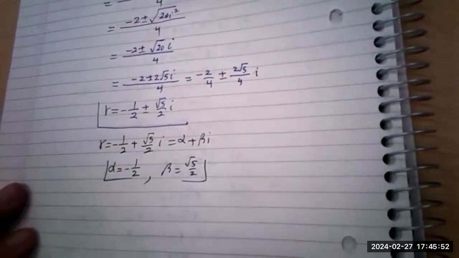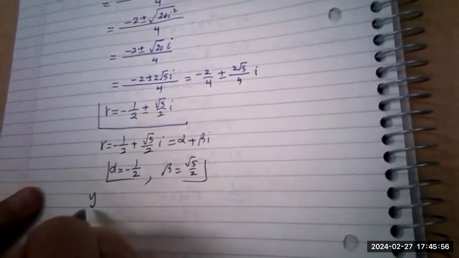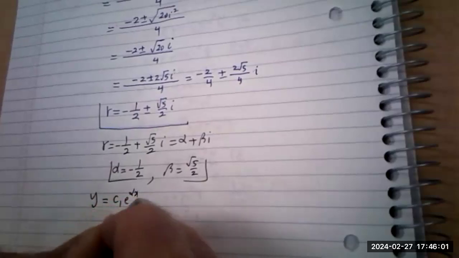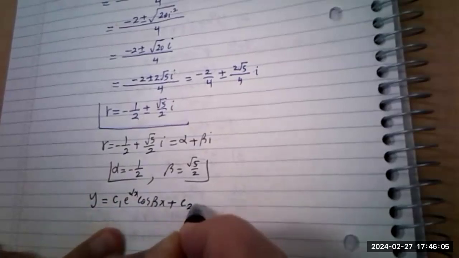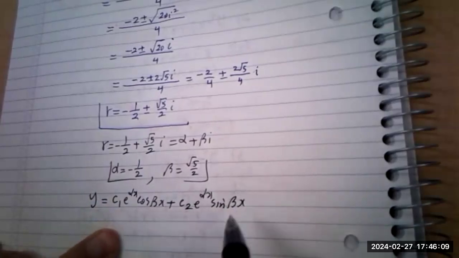Write the general solution now. What is the general solution? y equals, I remind you, C1 e to the alpha x cosine of beta x plus C2 e to the alpha x sine of beta x. Substitute.